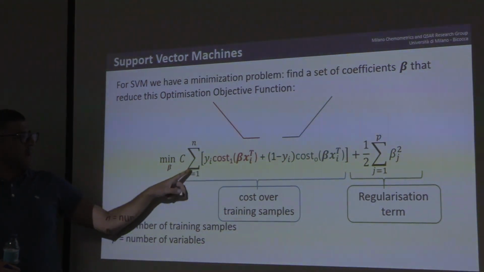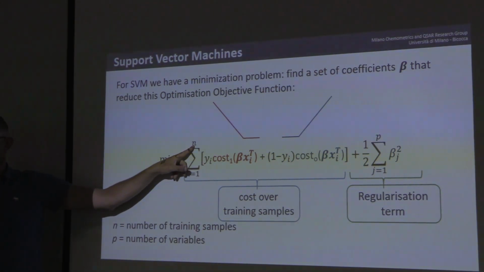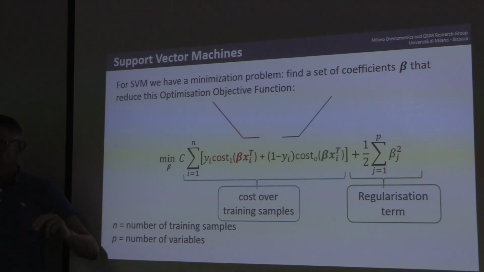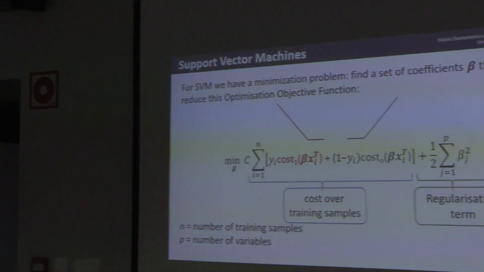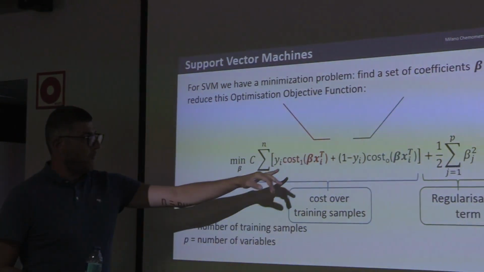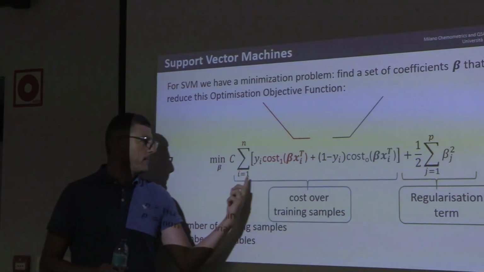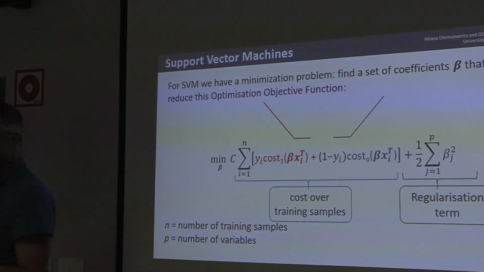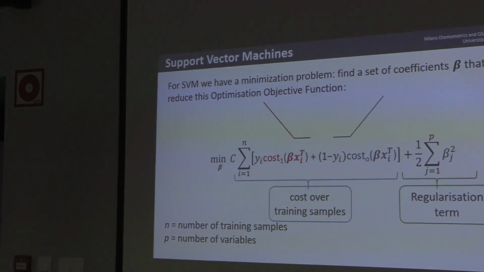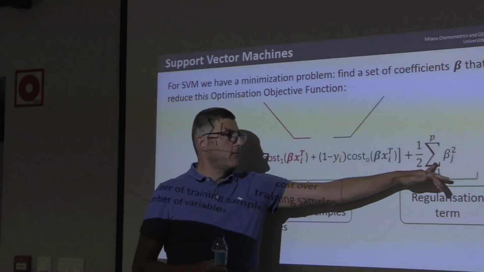Can you see this is a sum over all the samples, n is the number of training samples. So the support vector machine finds a set of coefficients that try to minimize this term, but also try to minimize this stuff.